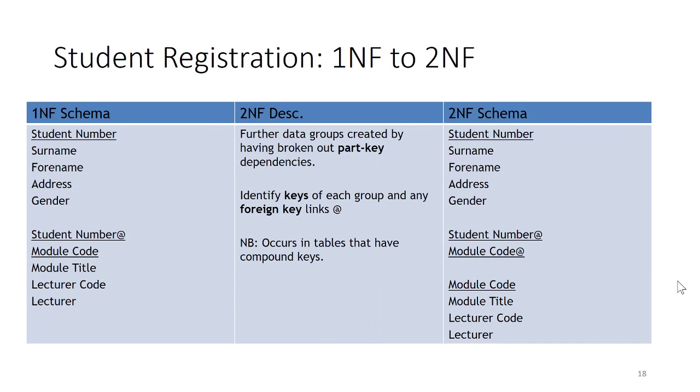We can have further data groups created by breaking out part-key dependencies, in very simple terms. So we are going to identify keys of each group and any foreign key links. If you look at the second normal form, we will have a new group with student number and module code in a separate group, and the third group of attributes would be module code, module title, lecturer code, and lecturer.